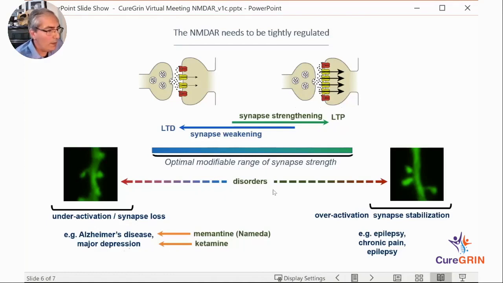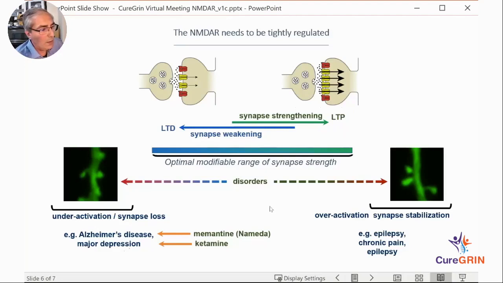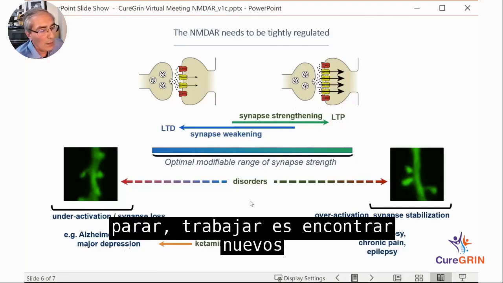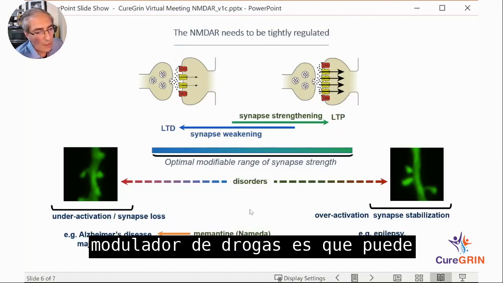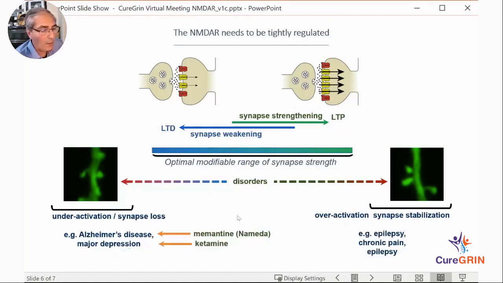And one of the methods that, of course, is important to work on is finding new drugs and modulators that can control the NMDA receptor activity and put it back into this normal operating range.